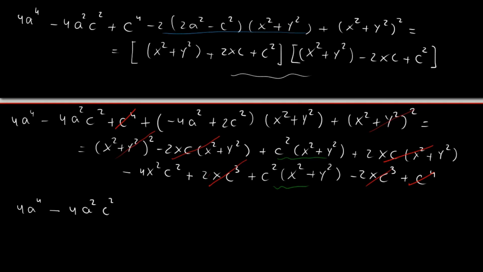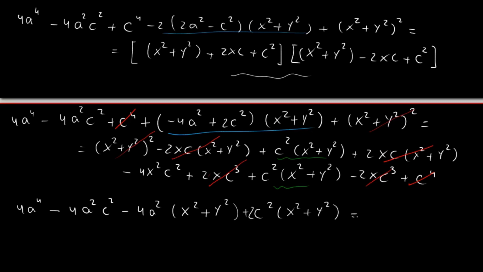Now for these terms I'm gonna calculate this multiplication, and we get minus 4a squared multiplied by x squared plus y squared plus 2c squared times x squared plus y squared, and this equals 2 times c squared times x squared plus y squared minus 4x squared c squared.